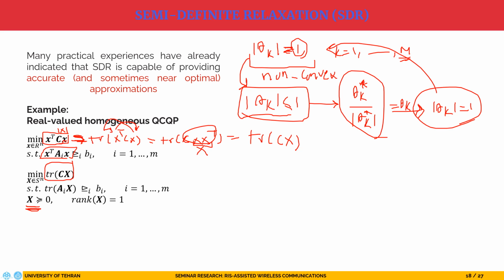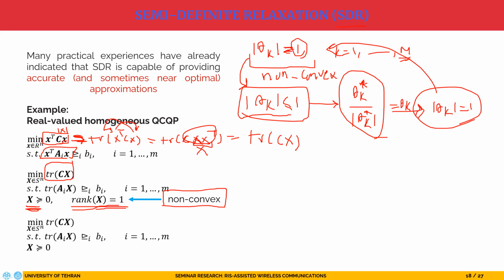So it should be a semi-definite matrix, and also rank X should be equal to 1 because we multiplied x by x transpose, so the rank would be 1. Okay, so another constraint is added here, but the rank constraint is always non-convex. We relax it with this SDR technique. We remove this constraint because it was non-convex. So this is a convex problem.